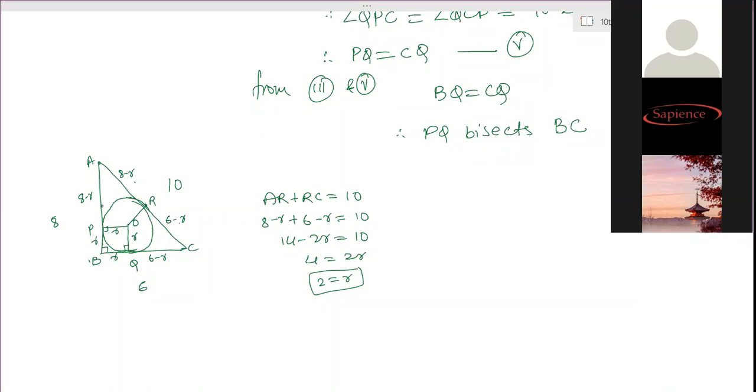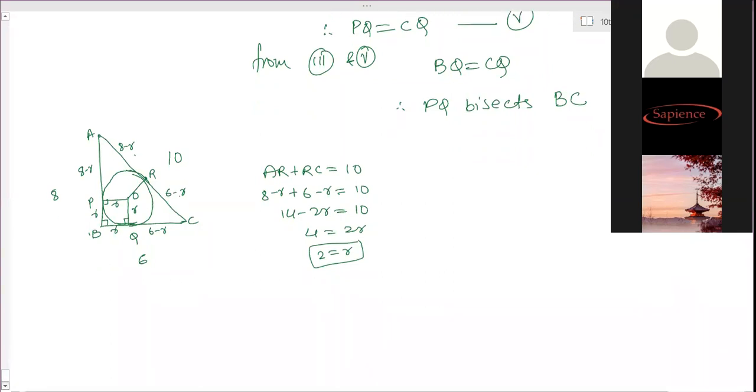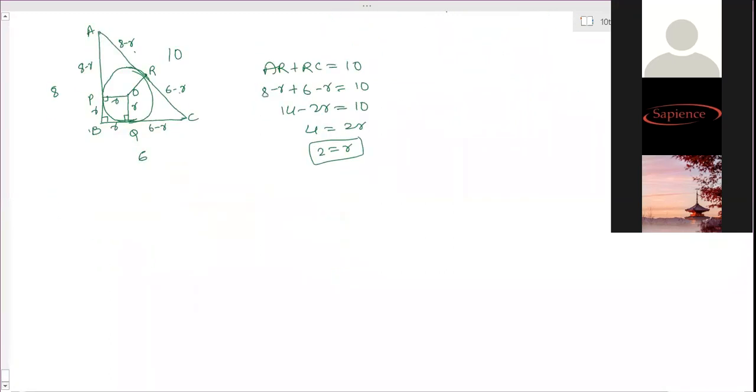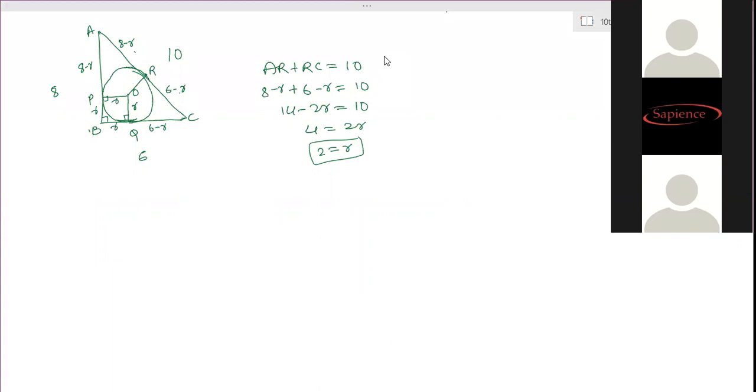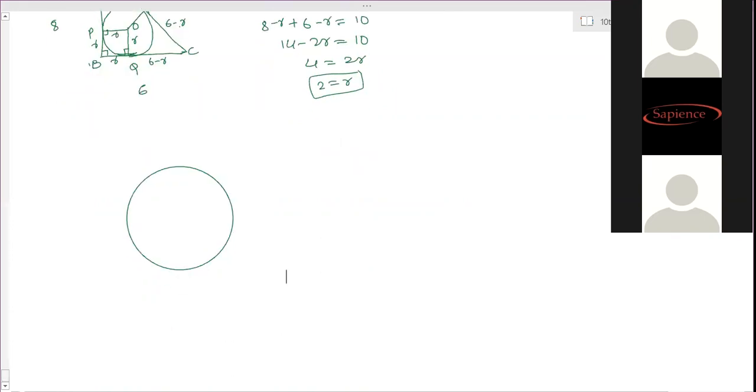16th one. Prove that the tangent drawn at the midpoint of the arc of a circle is parallel to the chord joining the endpoints of the arc. So this is an arc. AB is an arc.